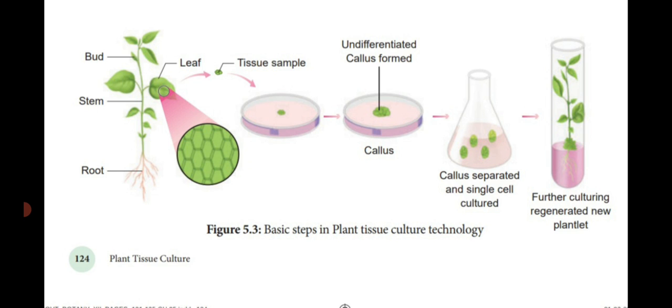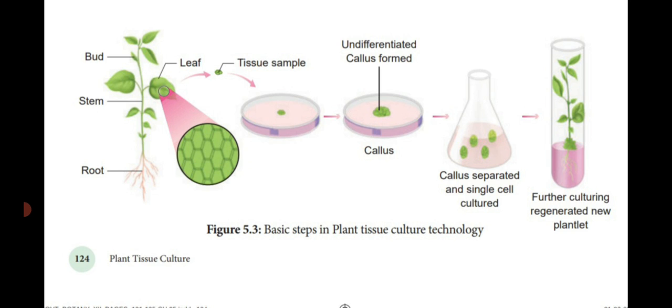So this tissue sample afterwards produces a large number of cells in a mass that is known as callus. A mass of undifferentiated, unorganized tissue formed is known as callus.